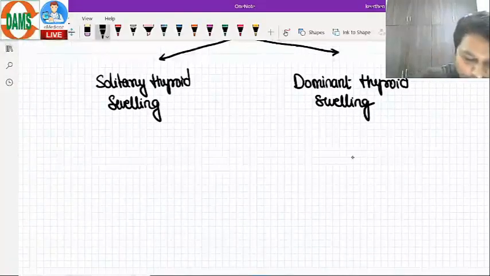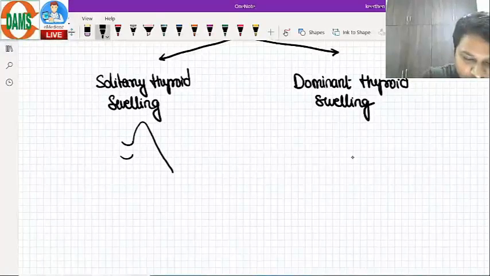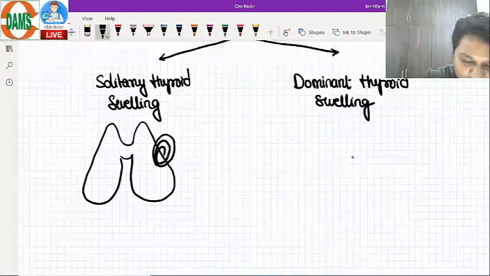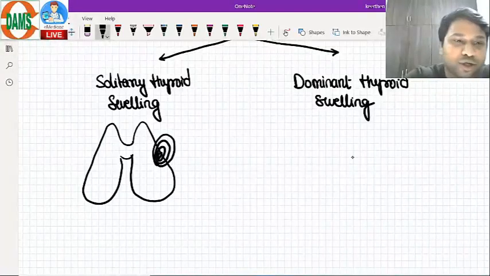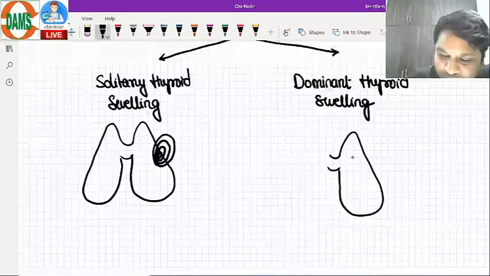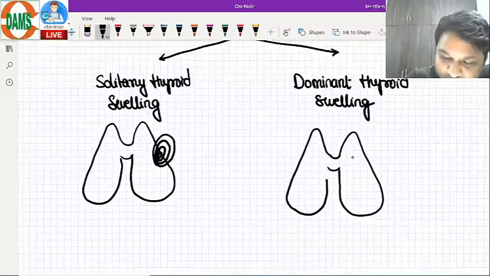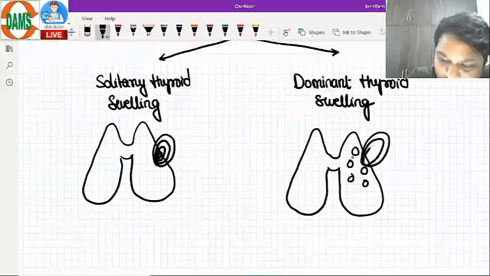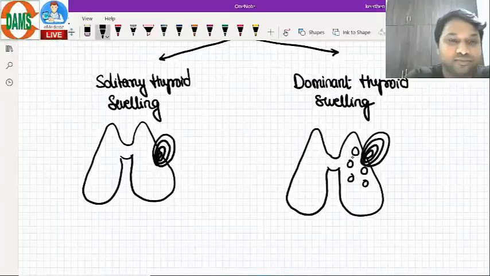Now, a solitary thyroid swelling or a solitary thyroid nodule will be a single isolated nodule that is going to develop from the thyroid gland. The dominant thyroid swelling will have multiple small nodules, but one nodule will outsize the other.